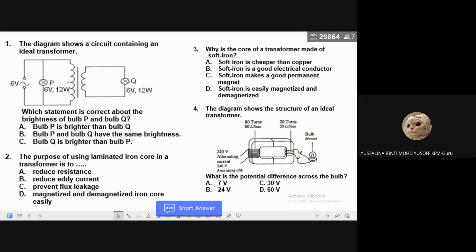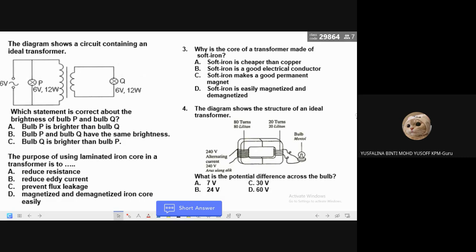So bulb P will be brighter than bulb Q. So the answer is A.